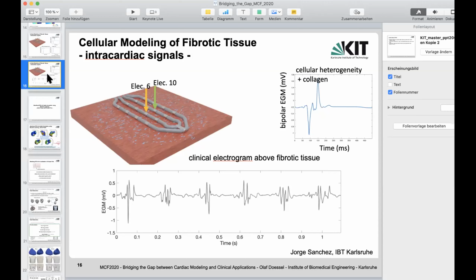A couple of things play a role here: the size of the electrode, the spatial scale of the electrode, and the spatial pattern you are using to model your fibrosis. What you can figure out are the average delays, because you create a zigzag pattern in your tissue, and you get an idea of the delays between different wavelets. But I don't think it will be possible in the foreseeable future to really map this one-to-one in a computational model.